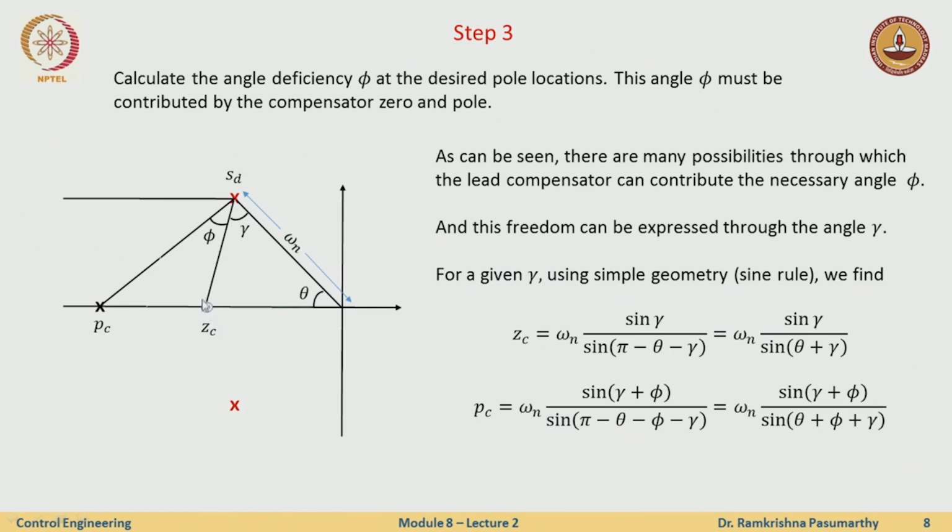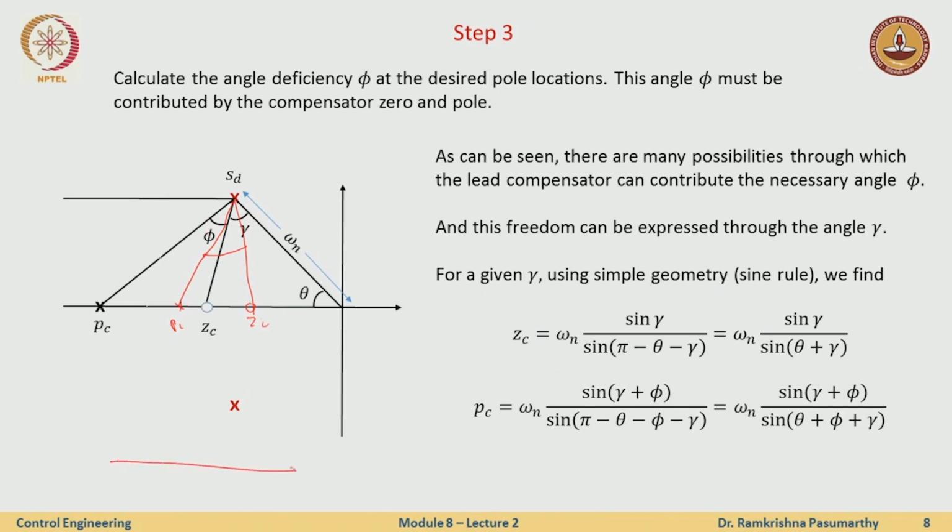So the location of zc now depends on where this gamma is. For example, this phi, the location may not be unique. If I just choose a zc here and draw a line here, I can add some number phi, the same number. If this is say 25 degrees, I can add 25 degrees, and I will say that this is also a pc, which also gives the same phi.